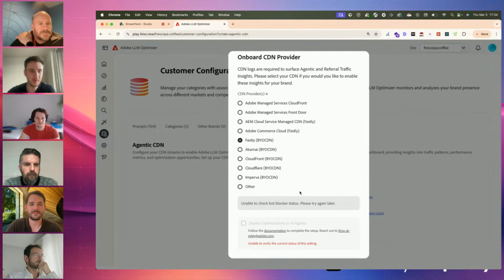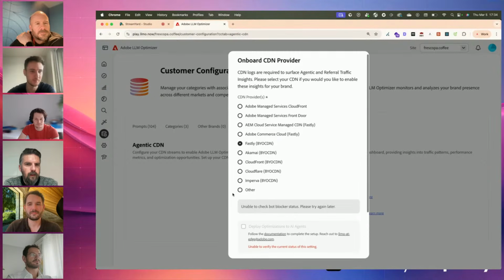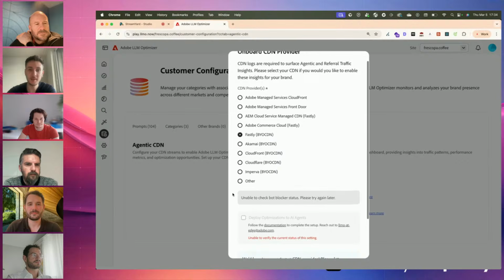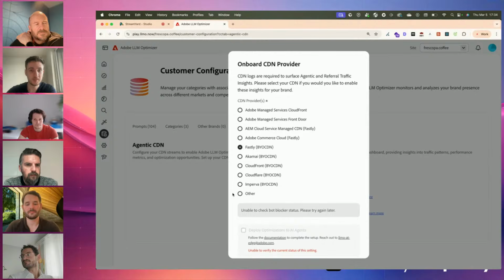So you get that bucket, which is the storage for your logs, and you get credentials that authenticate you to S3. So it's you, the person behind frescopa.coffee, and that bucket, and no one else can access it. And then you also get a few other details relevant for your CDN. For example, with Fastly, you will have a suggested frequency of how often to upload the logs.